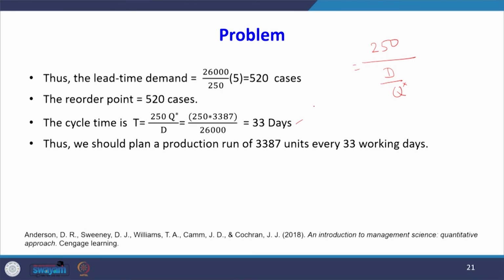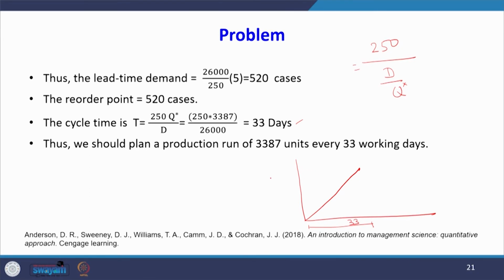So, what does the 33 days say? We should plan a production run of 3,387 units every 33 working days. So, this duration is 33.